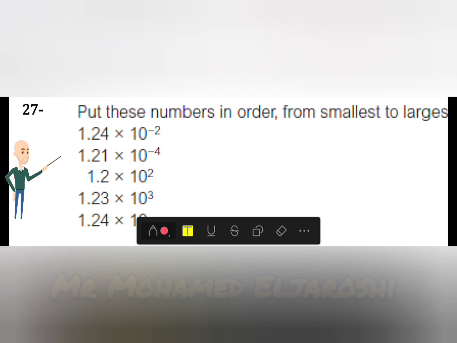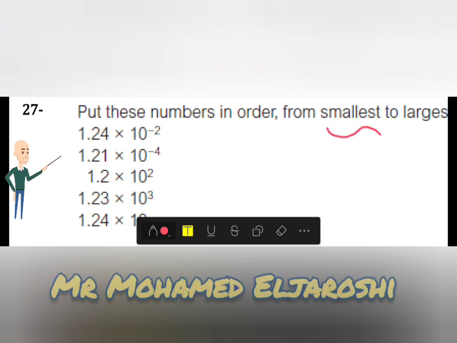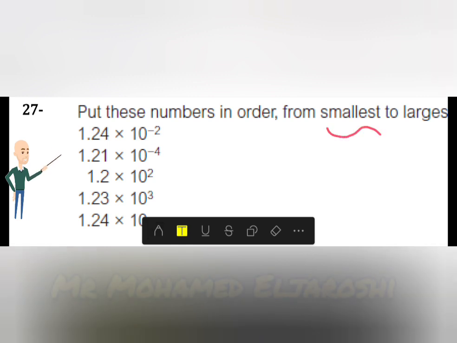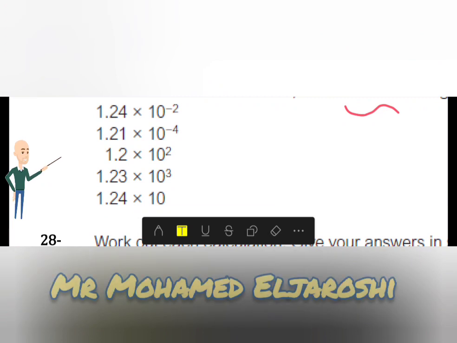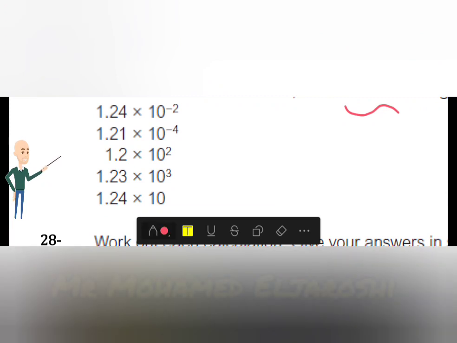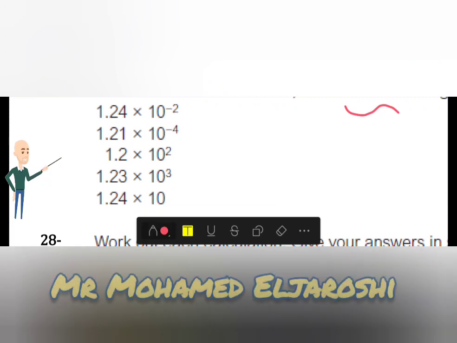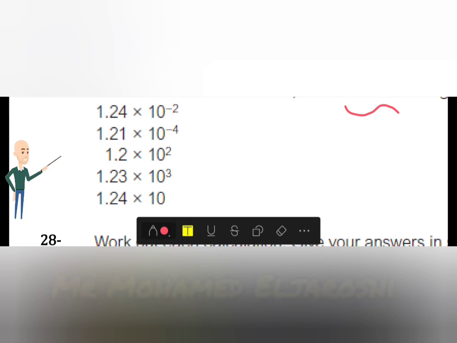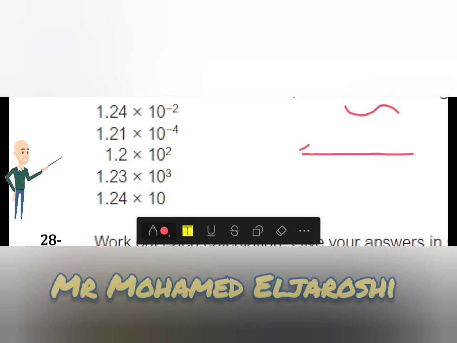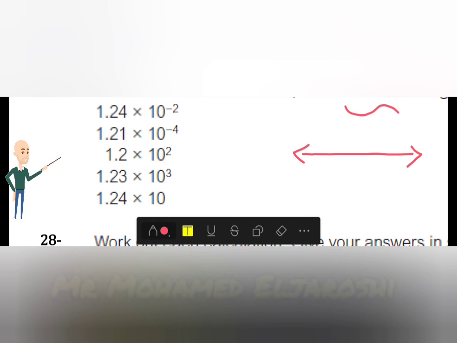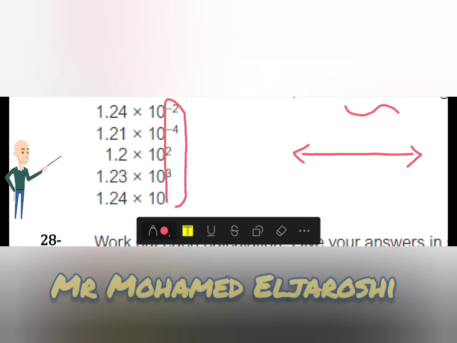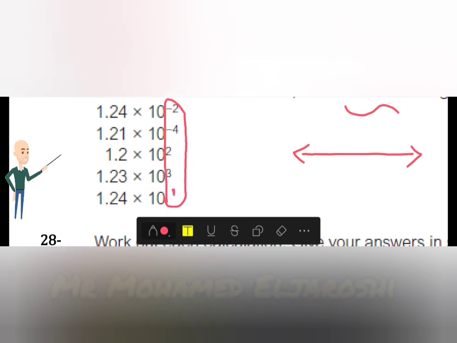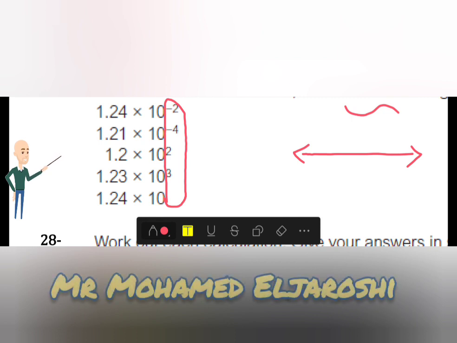Now, they want it from the smallest, so I'm going to start with the smallest number. Let's take a look at the numbers again. The smallest number has the negative power with the largest value, because on the timeline here, you can take the powers and put them on the timeline. The last one has a power of 1, of course, but we don't write power of 1.